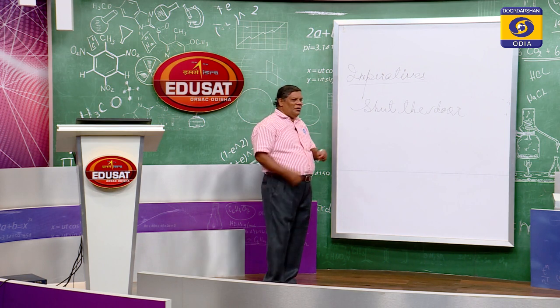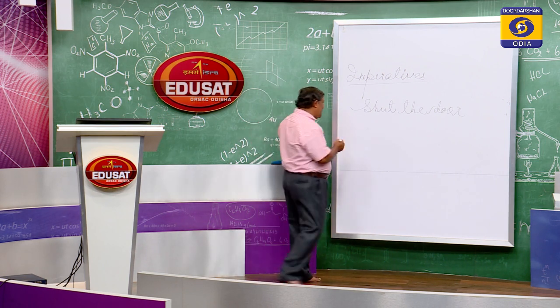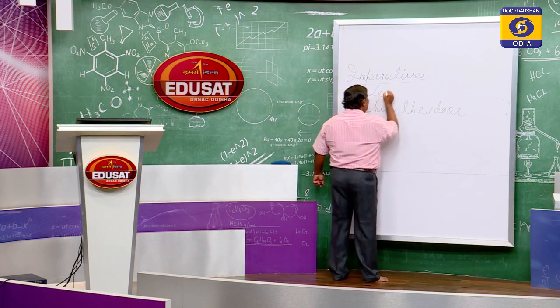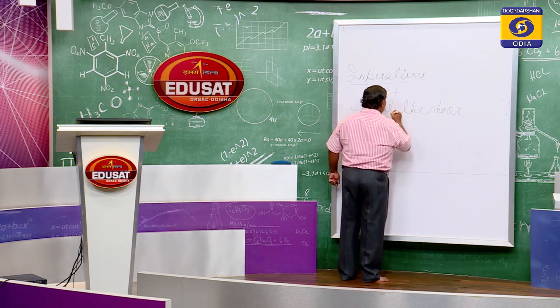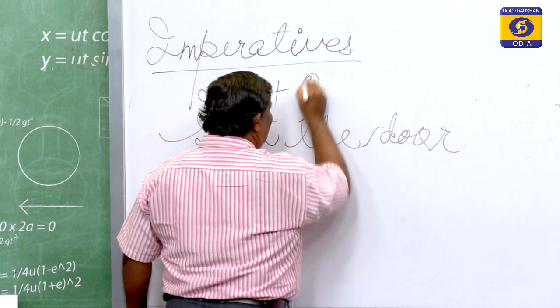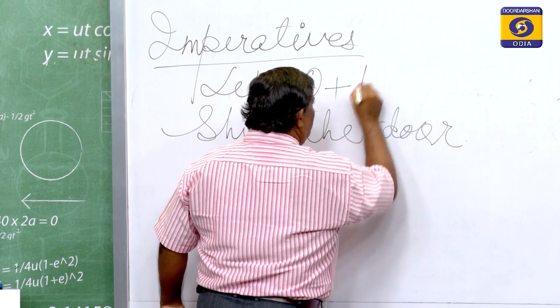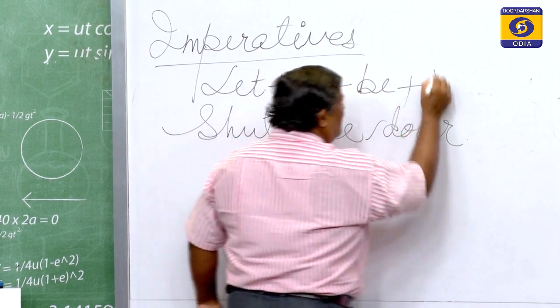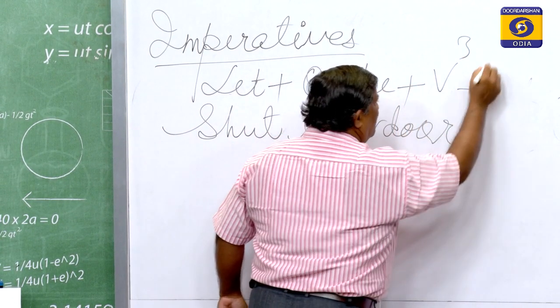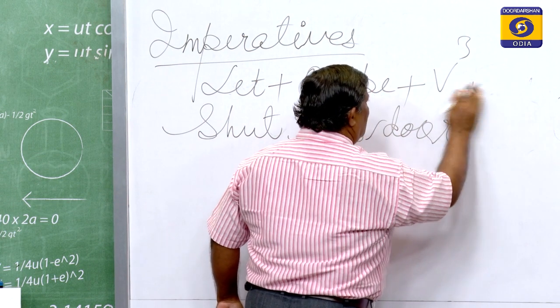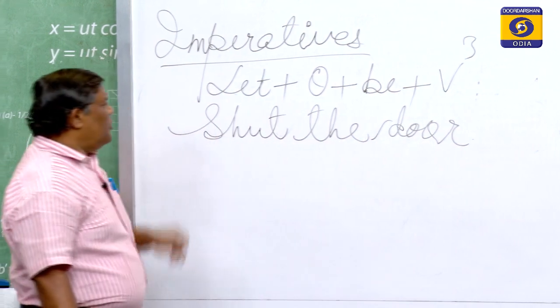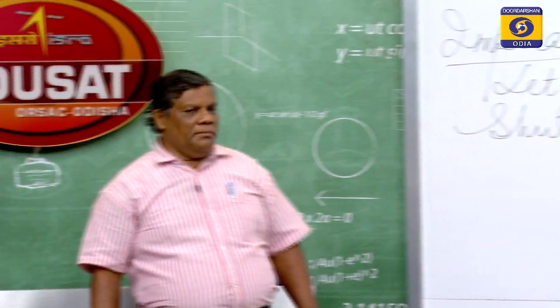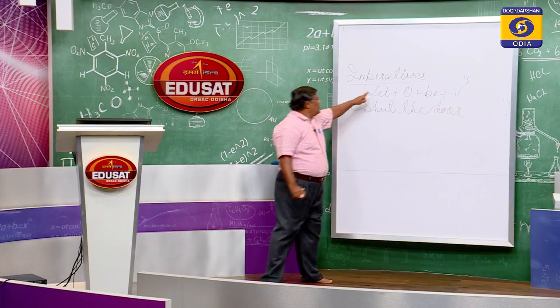When we make such sentences passive, the form is let plus object plus be plus V3. Use "let" first.